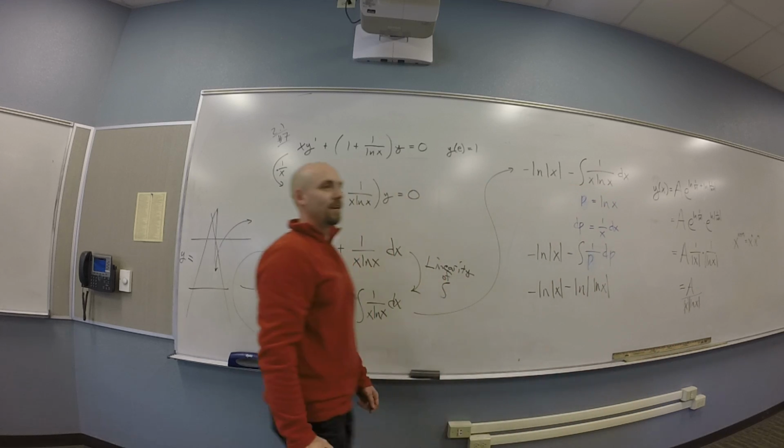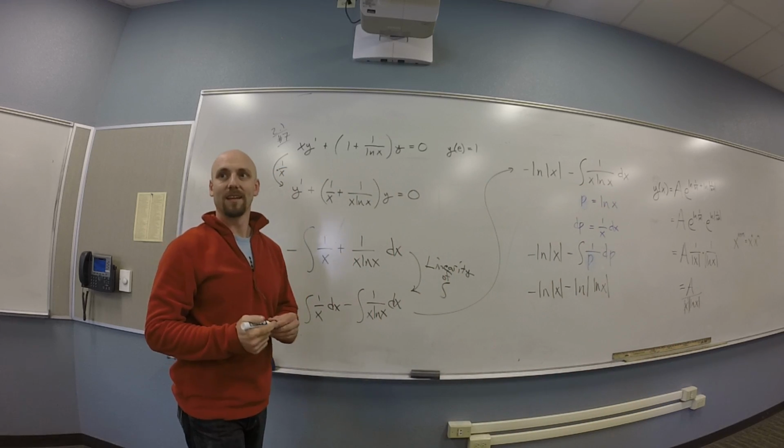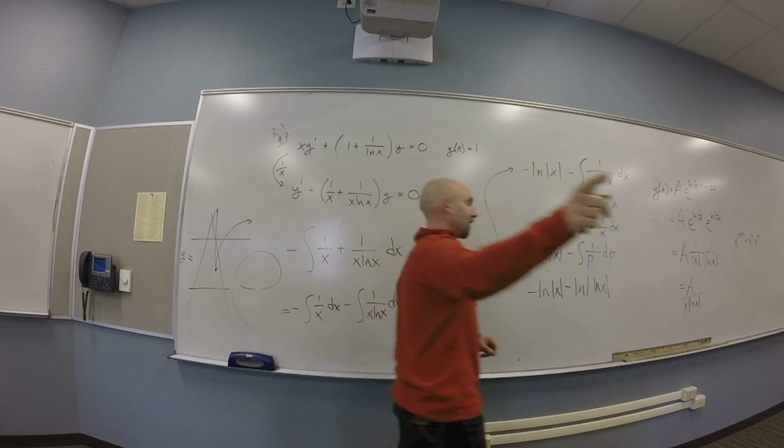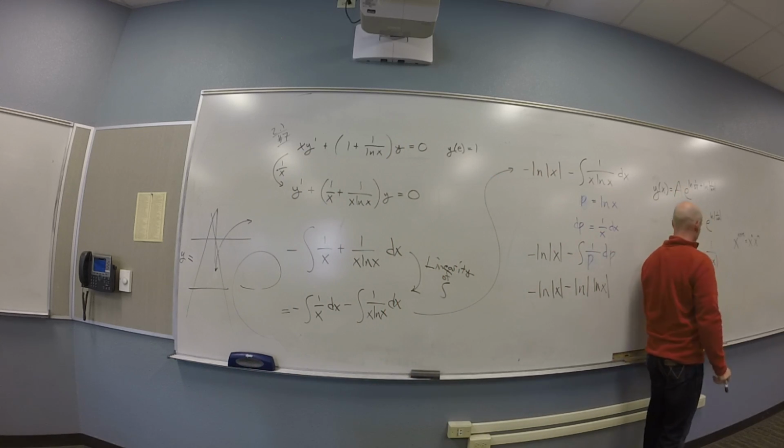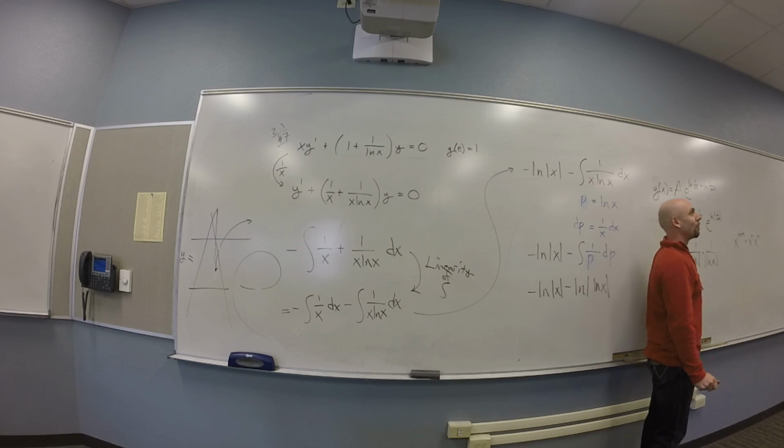Can we combine those? Can you take the 1 over x absolute value off and incorporate it into the constant? Oh, this guy? Yeah. And put it into your A? Yeah, I probably would just drop it altogether though.